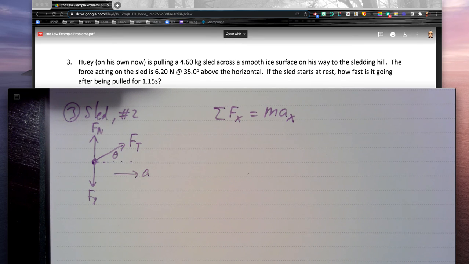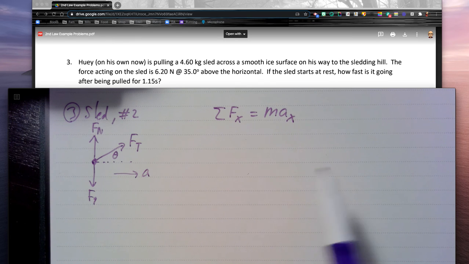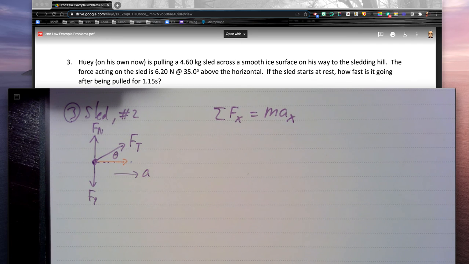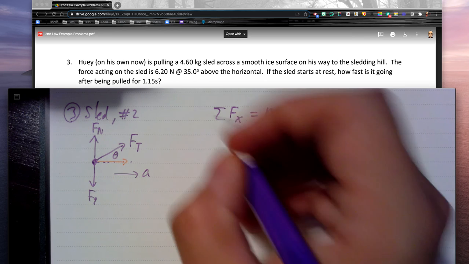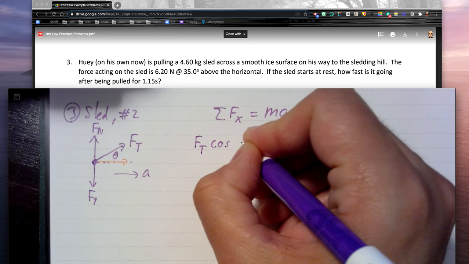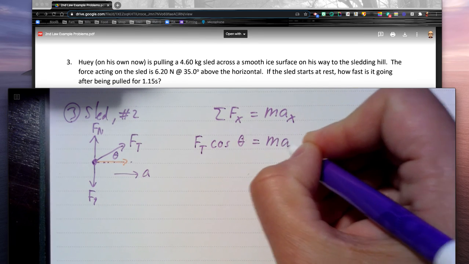I'm going to apply Newton's second law first, get the acceleration, and then do kinematics to figure out its velocity after 1.15 seconds. In the x direction, there is just one force, and it is the horizontal component of Huey's force. That tension force is at an angle, so the horizontal component will be the tension times the cosine of the angle, and that's going to equal mass times acceleration.